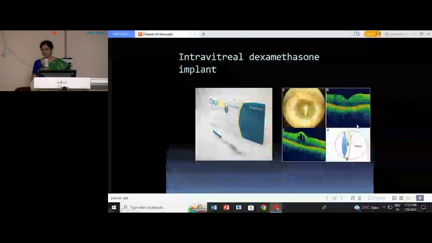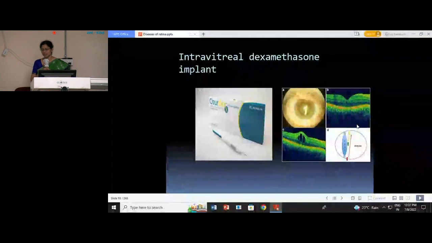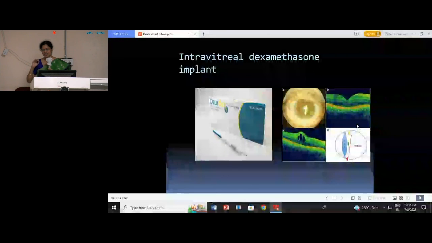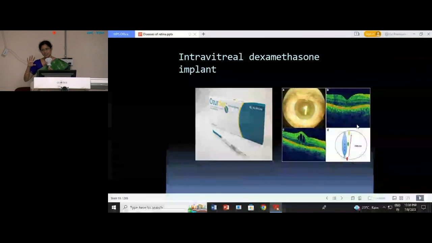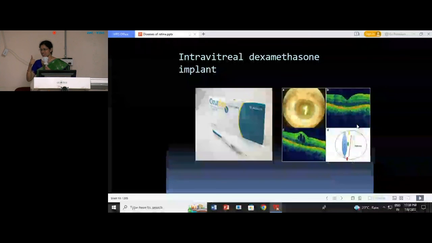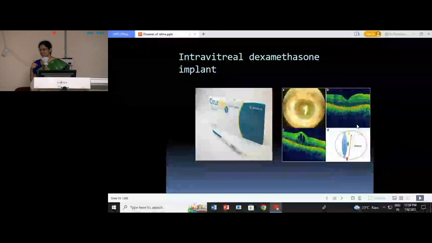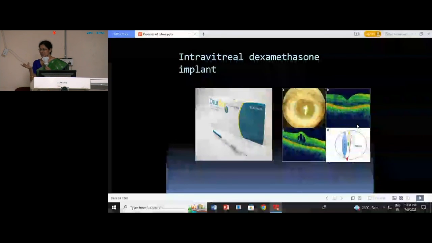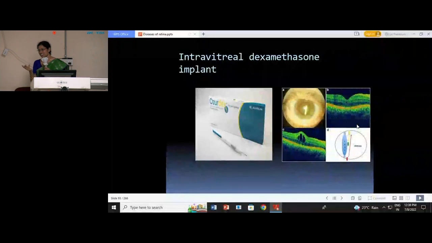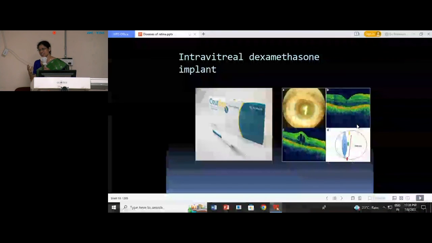So in a nutshell, diabetic retinopathy is classified into four types. What are they? First is non-proliferative diabetic retinopathy, then proliferative diabetic retinopathy, then diabetic maculopathy, and then advanced diabetic eye disease.